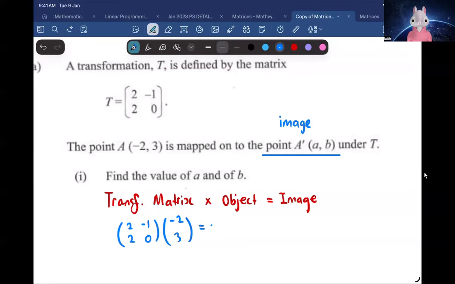So that's going to be 2 multiplied by -2 plus -1 multiplied by 3. Then I'm going to move on to the next row: 2 by -2, plus 0 multiplied by 3.